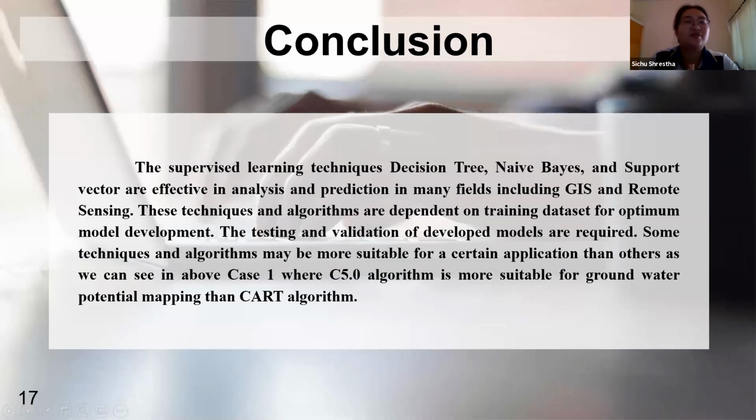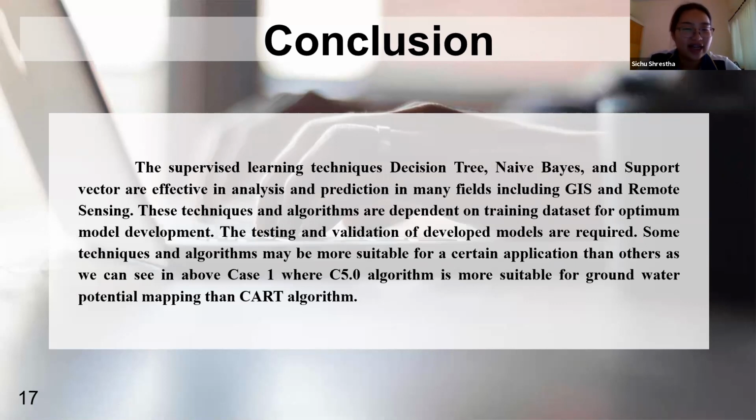In conclusion, the supervised learning techniques, decision tree, nearest neighbor, and support vector machine, are effective in analysis and prediction in many fields, including GIS and remote sensing. These algorithms depend on a training data set for optimum model development.